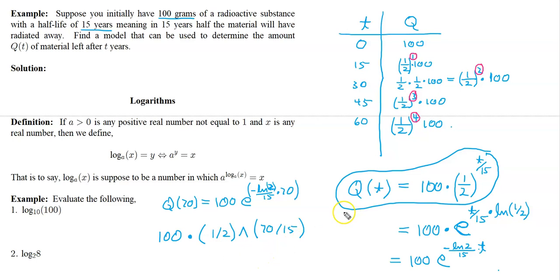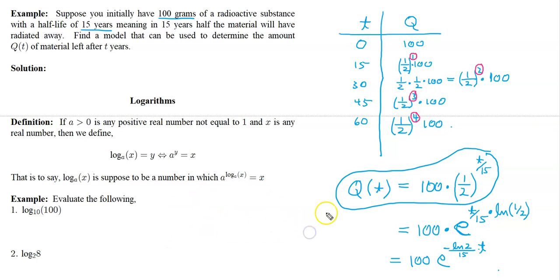And before we look at our next example, let's note one other thing here. Sometimes you'll also see this function written like this, noting that 1/2 is 2 to the negative 1.